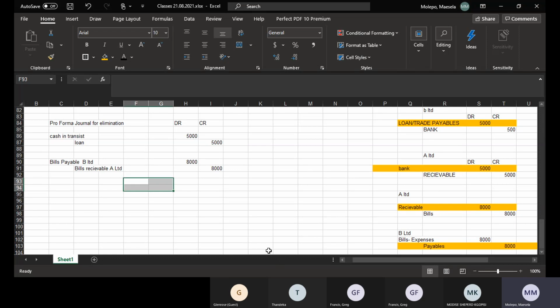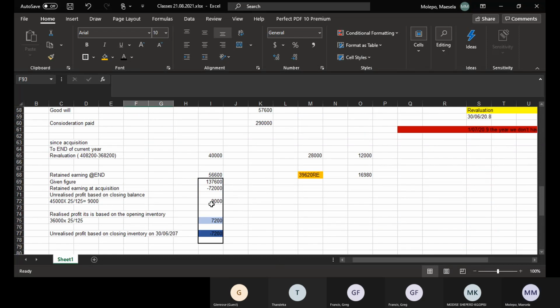If you remember, we have our revaluation here. So this will be our OCE, because we take our percentage of the OCE up to the end of the current year, then we're going to add the 28,000. So it will be the other components of the equity, which will be the OCE or the OCI.